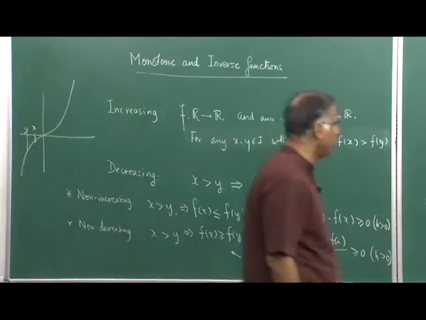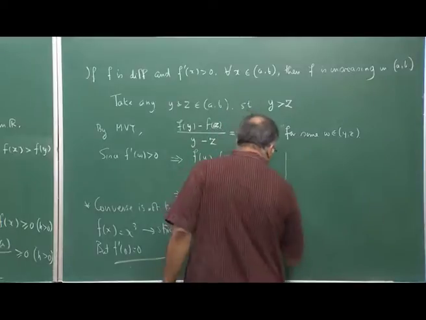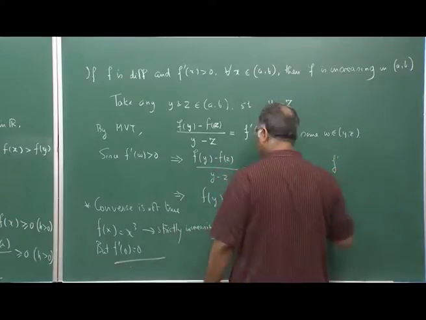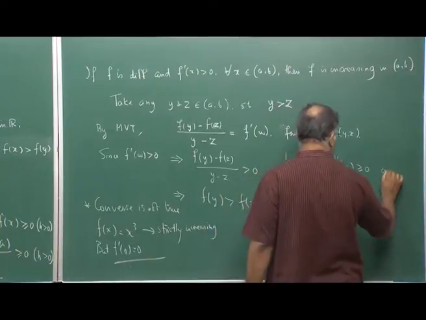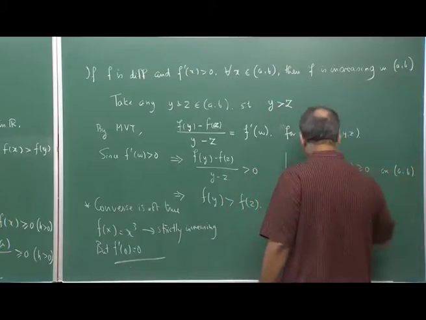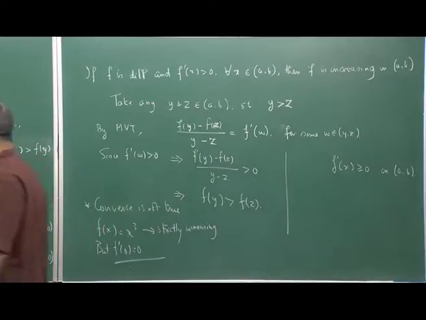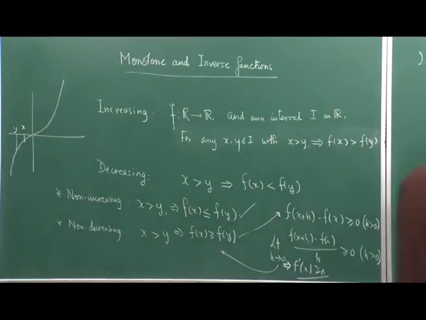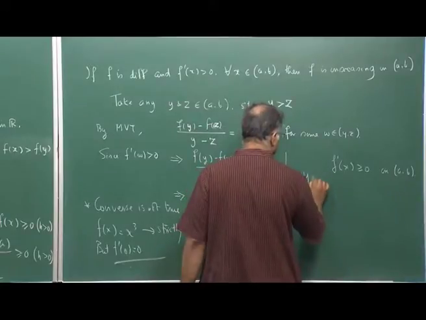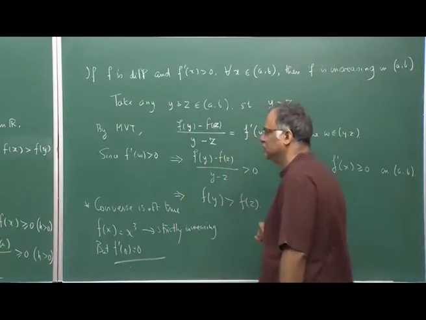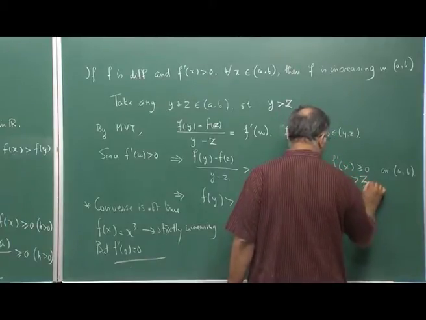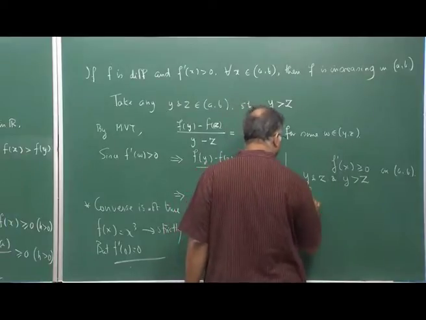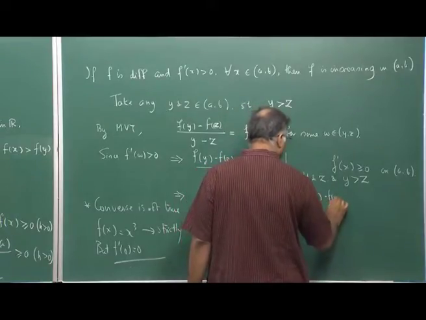Again the mean value theorem would be helping. Suppose on an interval a b I know that f dash x is greater than equal to 0. Now you take any points y and z such that y is strictly bigger than z. Then again apply the mean value theorem.